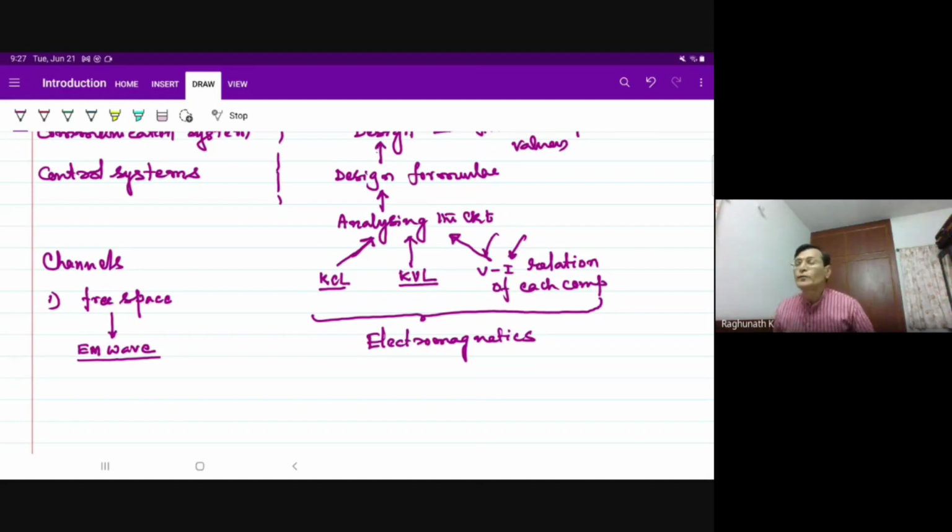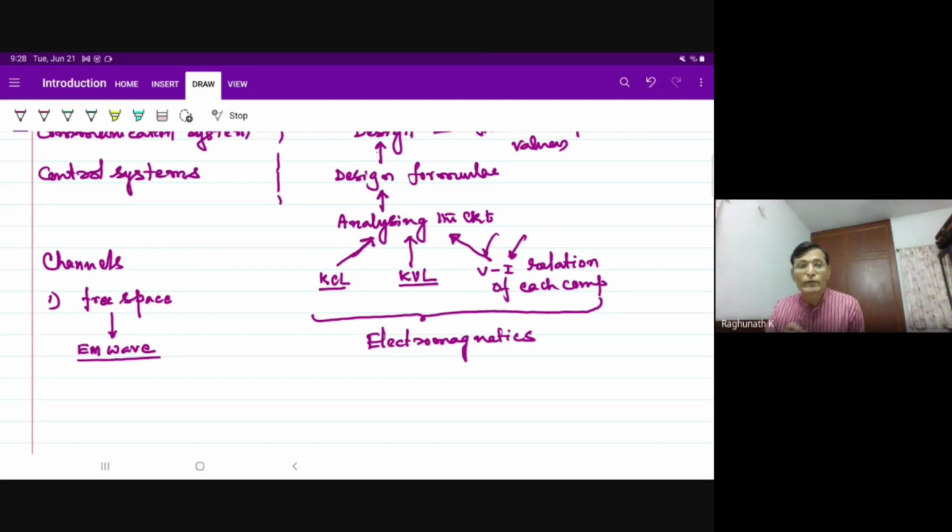Whenever I want to fix this electromagnetic amplitude, I should know the propagation characteristics of different parts of this free space or the channel in the form of propagation constant, like phase shift constant, attenuation constant.